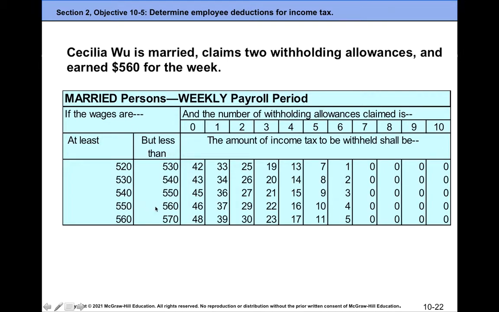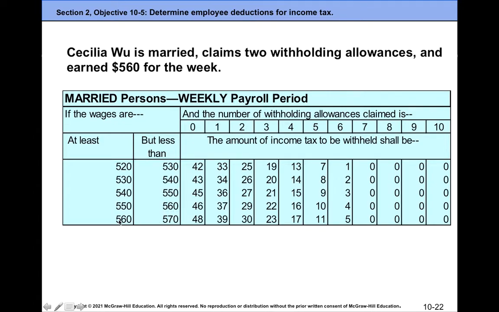So right here, it's called brackets. You see there is a bracket of if a person makes at least 550 but less than 560. So instead of looking at this bracket, I look at the next one, because it's really 550. Less than 560 would be 559.99 cents. So this is our bracket.